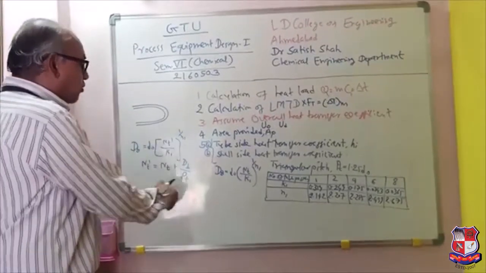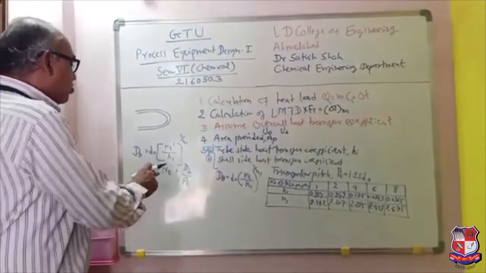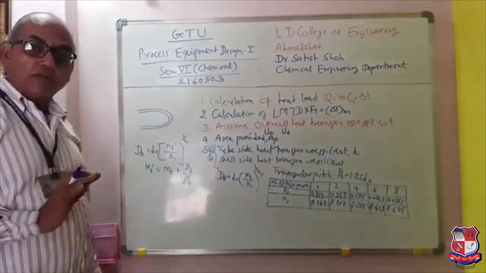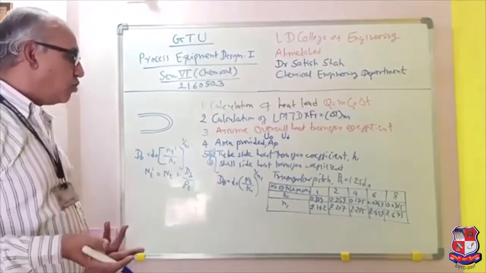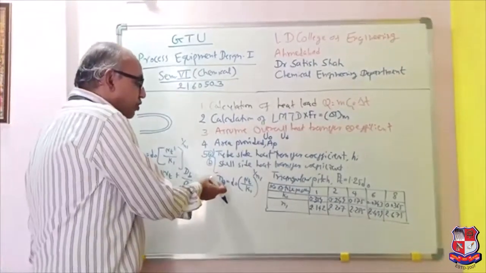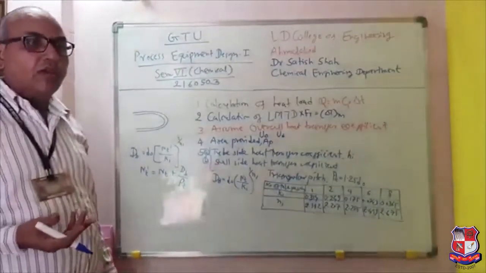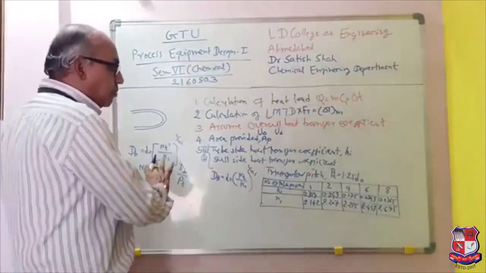So for calculation of this, you have to first assume a bundle diameter, and then match with this, and if you get the same value again, then you can say that okay, it is applicable to U tube. Or what you can do roughly is, whatever value you get by this formula, you can take slightly higher by your experience.